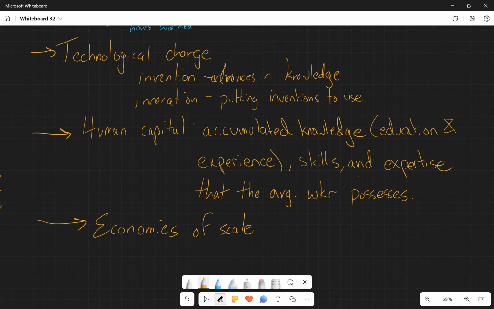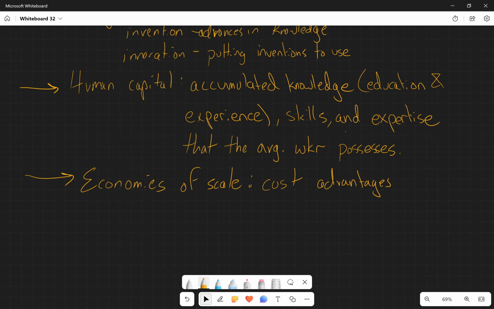But then adding an extra user once the internet platform or the software service, whatever the case may be, the marginal cost of extra users is very low, right? So economies of scale, specifically, we're talking about the cost advantages that industries obtain due to size.